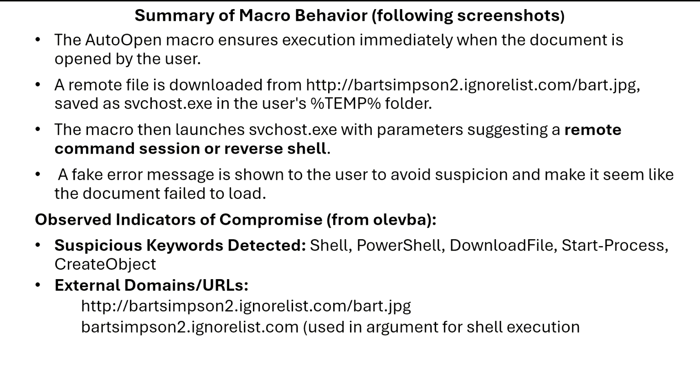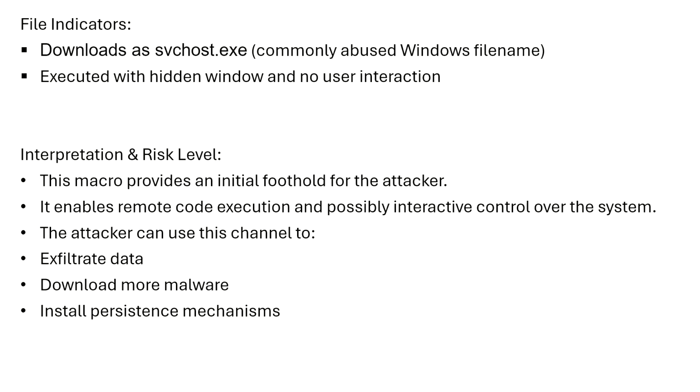In the compromise part, the suspicious keywords detector lists technical words like shell, PowerShell, download, fail, start process, and create object. The external domains are listed here, along with the file indicators, downloads svchost.exe, and the risk level.